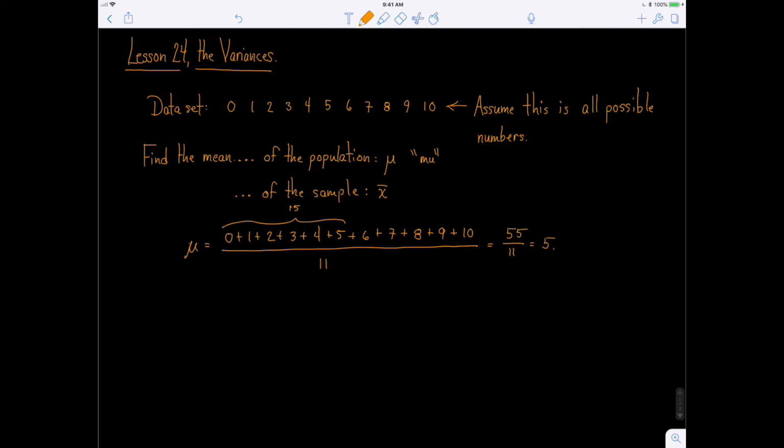Now, here's what we're going to do next. We're going to randomly select four data values, and repeats are allowed.